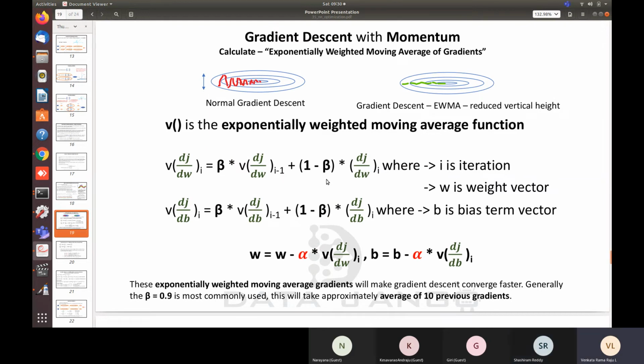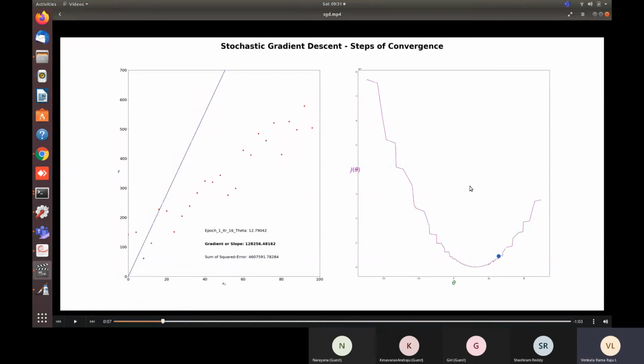If you understand the pattern, what will happen? You can actually predict the derivative. Maybe the derivative after 5 steps, and move to that place. You can actually move this W to that place instead of moving slowly from here to here to here to here. You can actually jump.